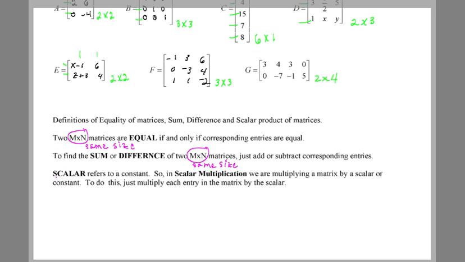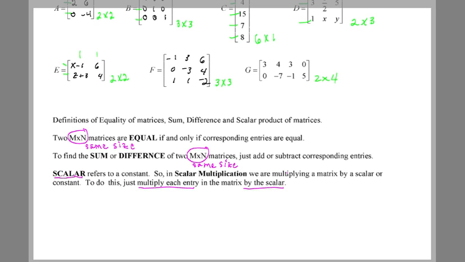Scalar is a term we use when we're working with matrices to represent a constant. Before we've used the word constant, but now when we're working with matrices we'll use the word scalar. So scalar multiplication just means you're taking a matrix and multiplying it by a scalar or a constant, and to do that you just multiply each entry by that scalar.